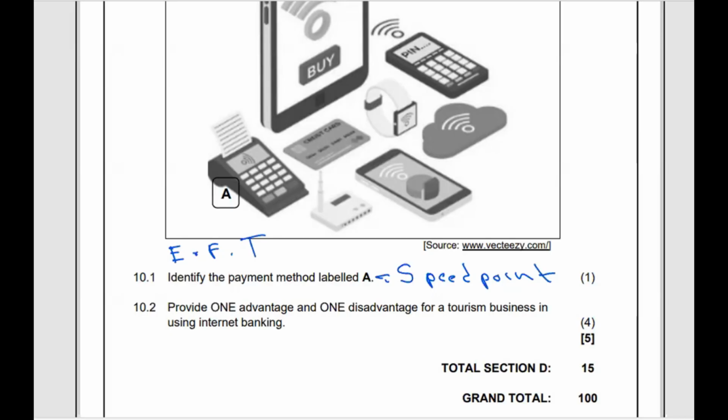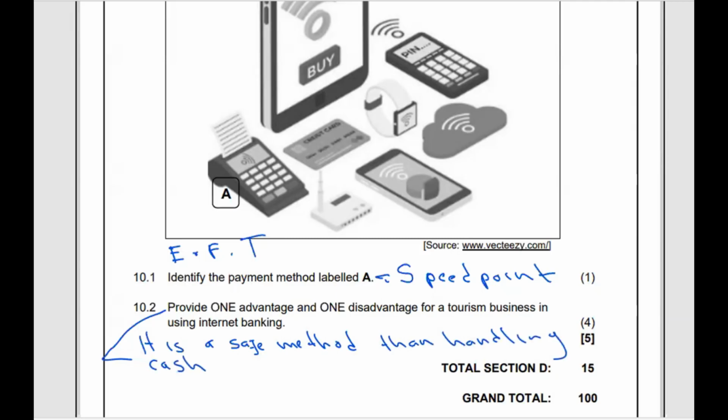So let's look at the first advantage. It is a safer method than handling cash transactions, especially in South Africa, considering the high crime rates which are prevalent in the country.